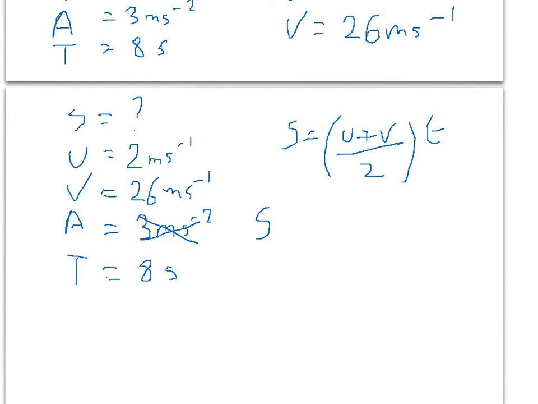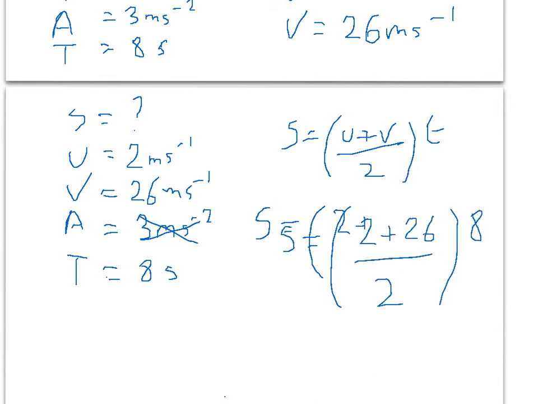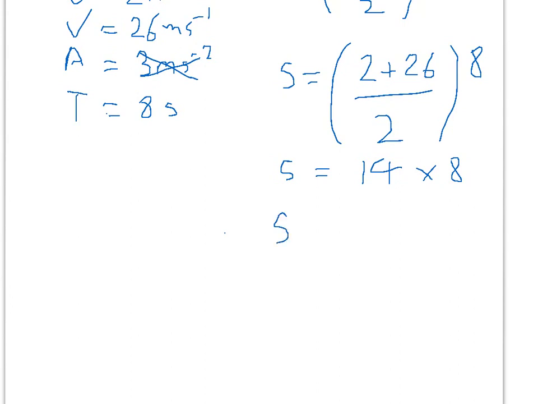S, that's what we're trying to find, equals 2 plus 26 divided by 2, times 8. The bracket becomes 2 add 26 is 28, divided by 2 is 14, so we want to do 14 times 8, and that will give us our distance between A and B. 14 times 8 is 112 meters.